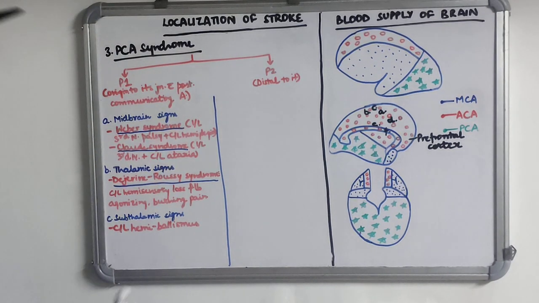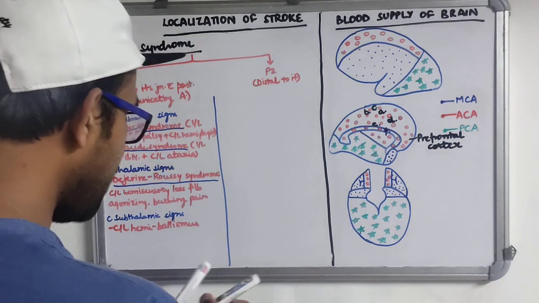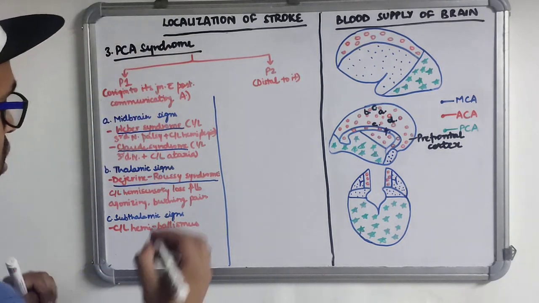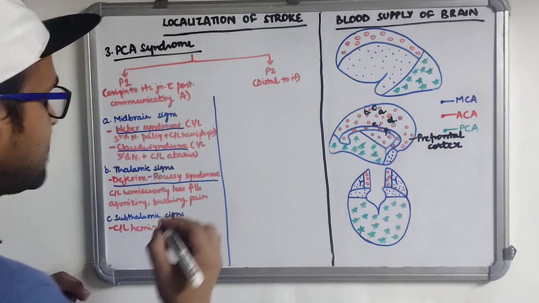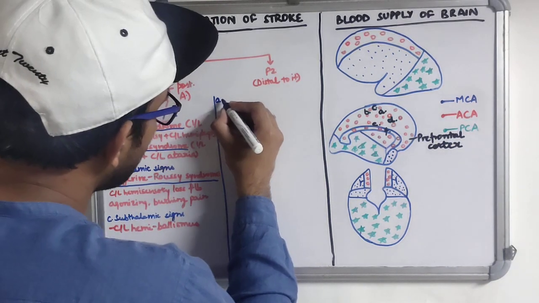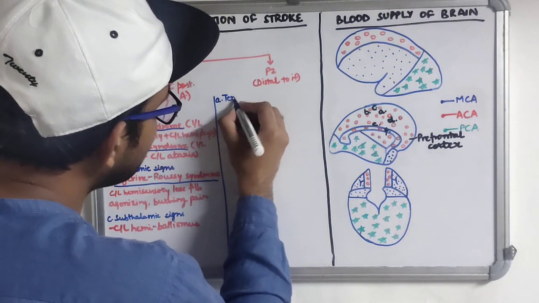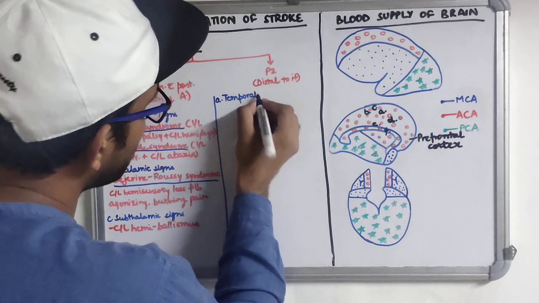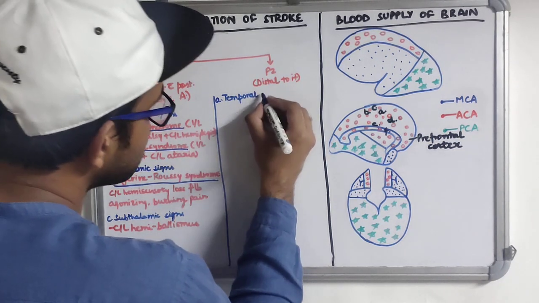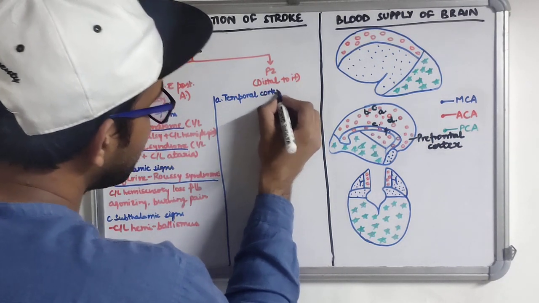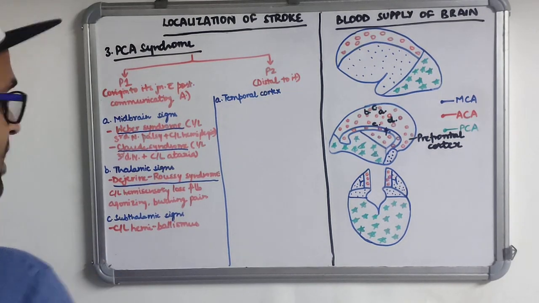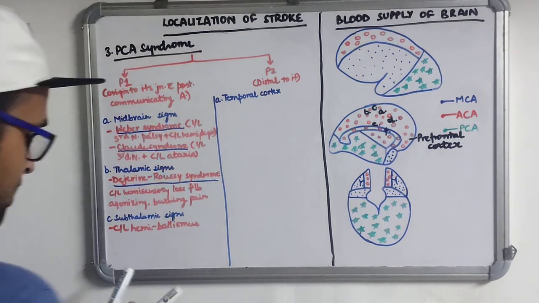Now if there is involvement of the P2 segment, because it mainly supplies the temporal cortex and the occipital cortex, then due to involvement of the medial temporal and basal temporal cortex and hippocampus, there is acute disturbance in memory if there is involvement of the dominant hemisphere.